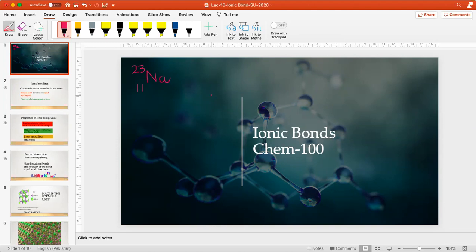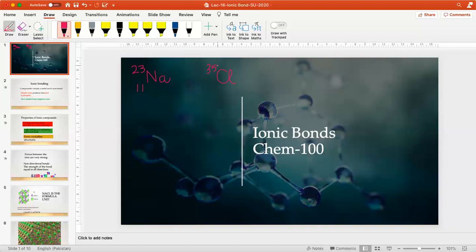So first of all, you need to understand the definition of this, what I have just explained. So, for example, this is the nuclear notation of sodium. 23 is the atomic mass, 11 is the atomic number. And if I take, because we are talking about the electrostatic attraction between the oppositely charged ions, chlorine is 35.5.